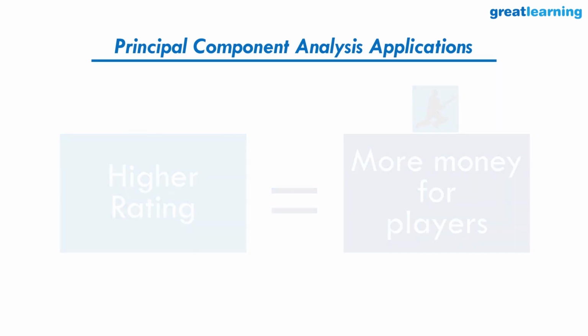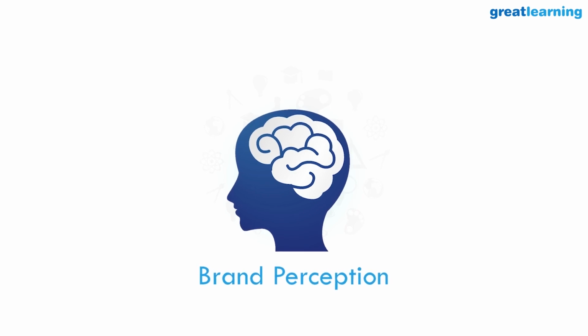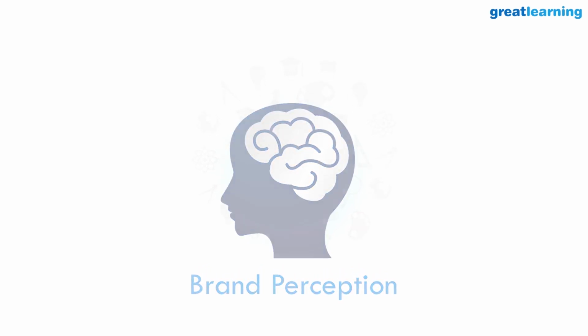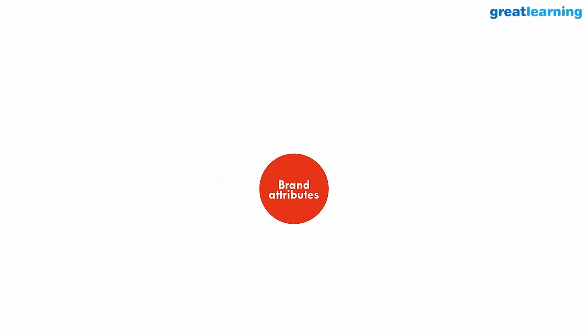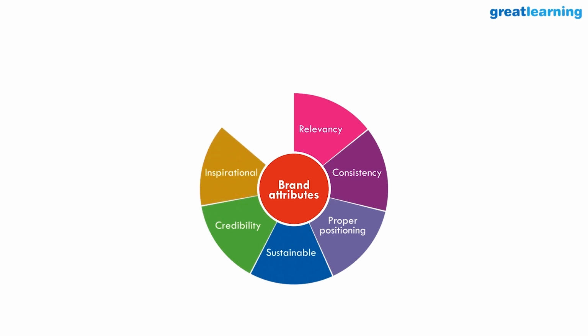Okay, now say for example you want to understand how people are perceiving my brand. Your brand has certain attributes, and how people rate your brand on those attributes is also very important for you.